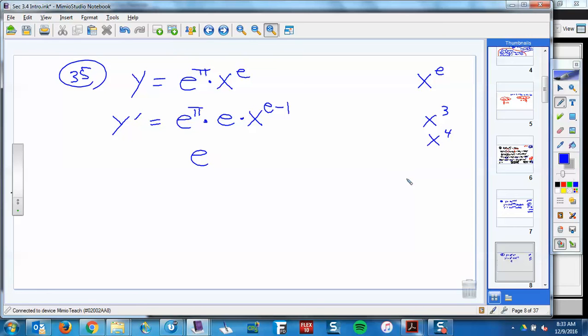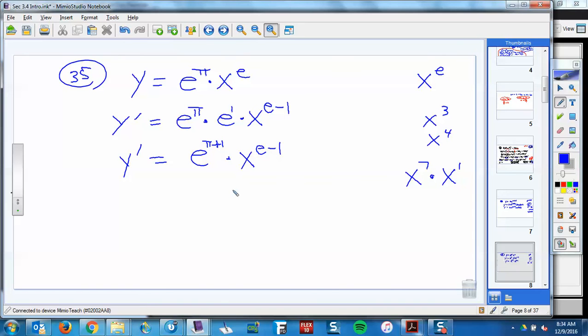What's x to the 7th times x? That's x to the 8th, right? You add the powers, right? So e to the pi times e to the 1 is e to the pi plus 1, times x to the e minus 1. That's really what that answer ought to be, right? You're multiplying and the bases are the same, so you add the powers.